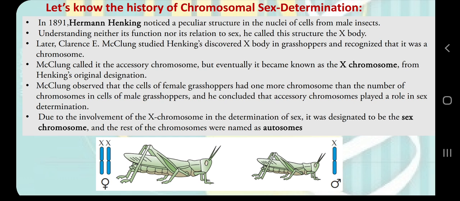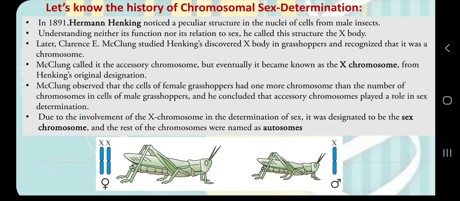McClung observed that the cells of female grasshoppers had one more chromosome than the cells of male grasshoppers, and he concluded that accessory chromosomes played a role in sex determination, and that is why we call those chromosomes sex chromosomes now. Due to the involvement of the X chromosome in the determination of sex, it was designated the sex chromosome, and the rest of the chromosomes were named autosomes.